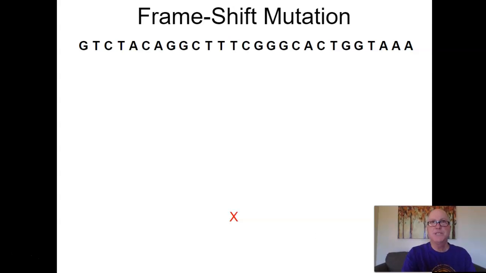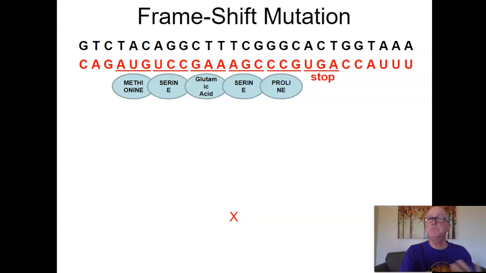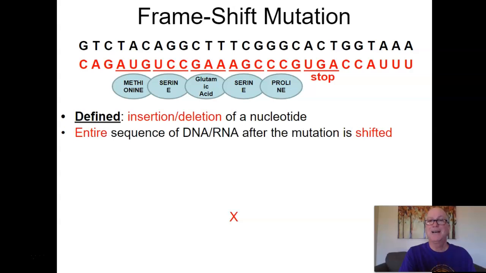Now, substitution mutations that we just talked about can be very minor. They can be silent, or they can cause a disease. Really bad mutations are called frameshift mutations. So if we take that very same problem, same gene, and we insert or delete a base, then the entire sequence of the DNA, and thus the RNA, after that mutation gets shifted.